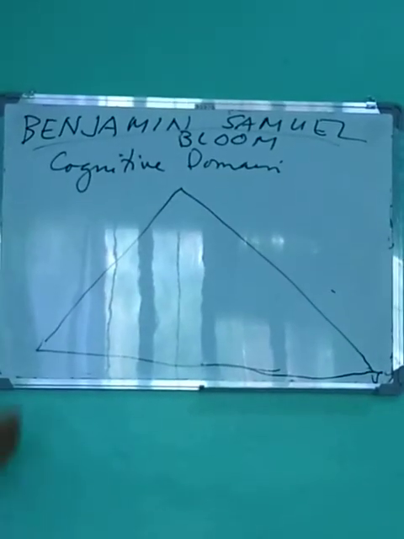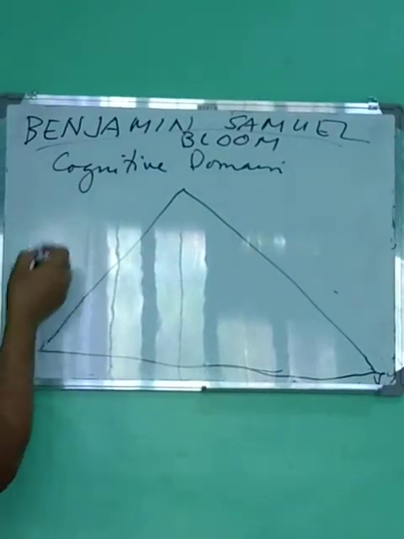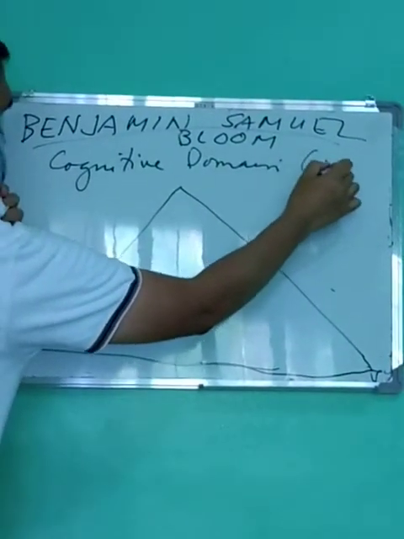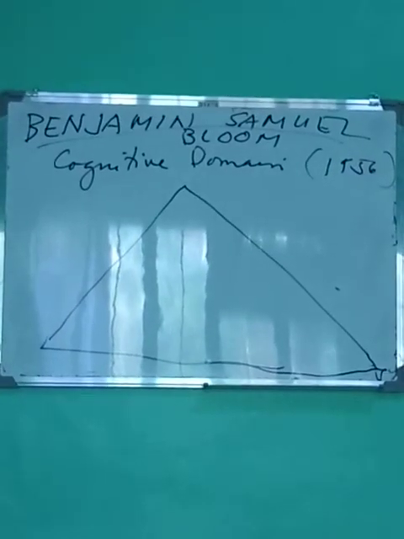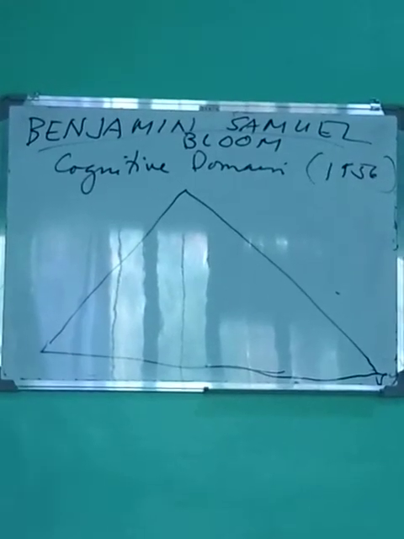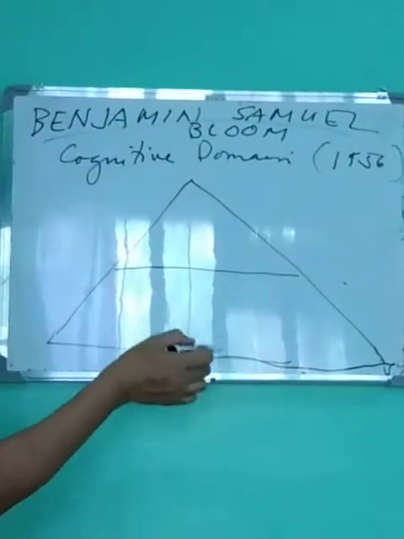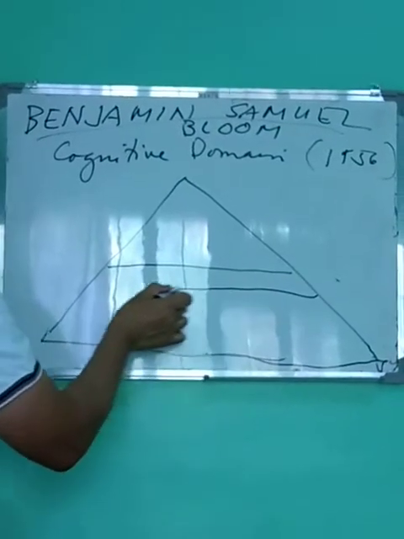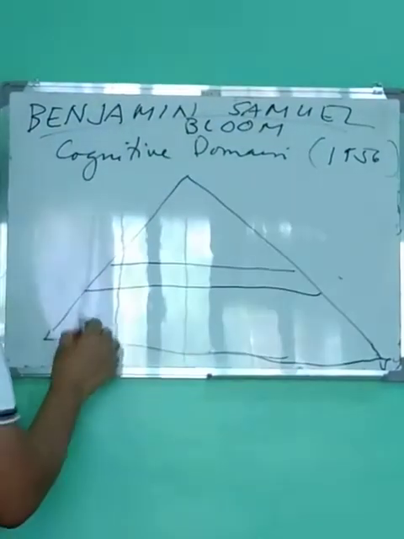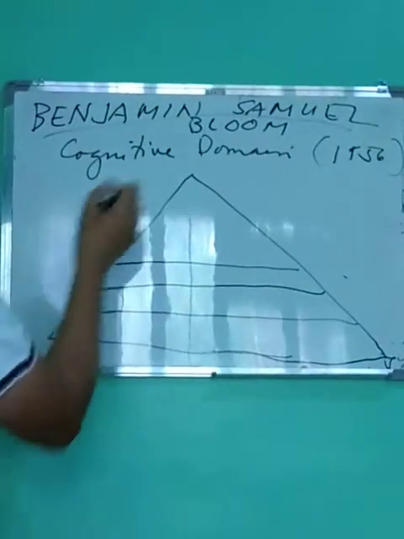By the way, this taxonomy of cognitive skills was formulated in 1956. So you could just imagine it's already a long-standing framework. He classified them into six. It's like a pyramid according to order.